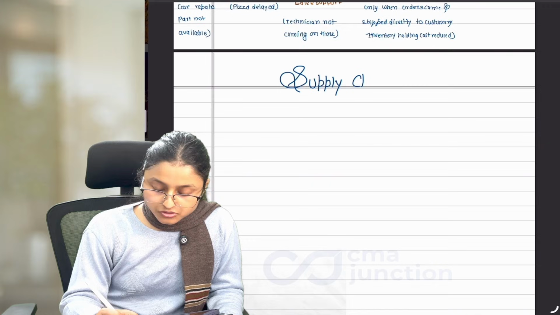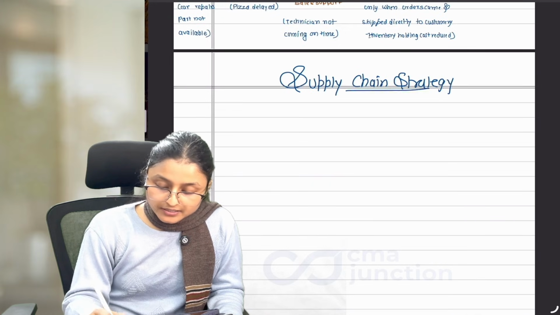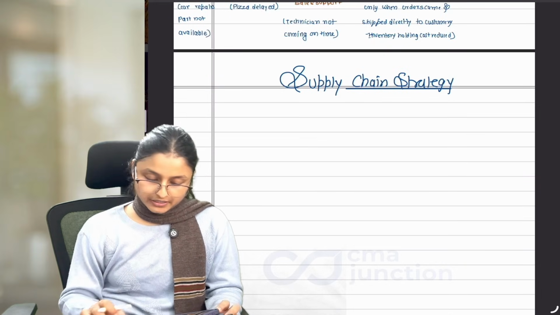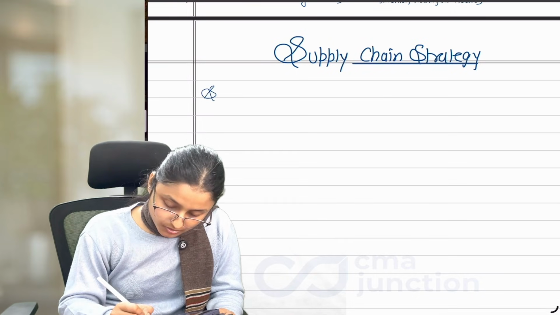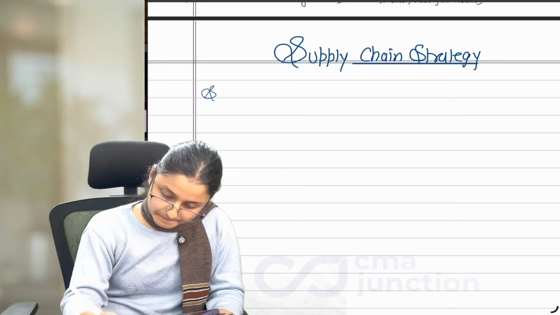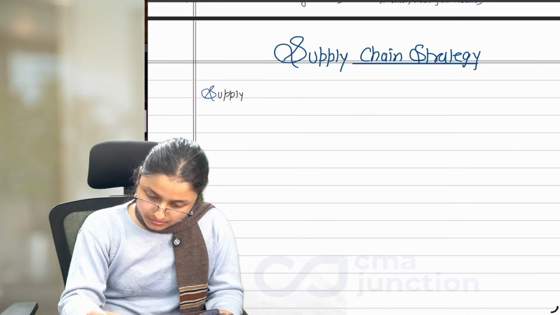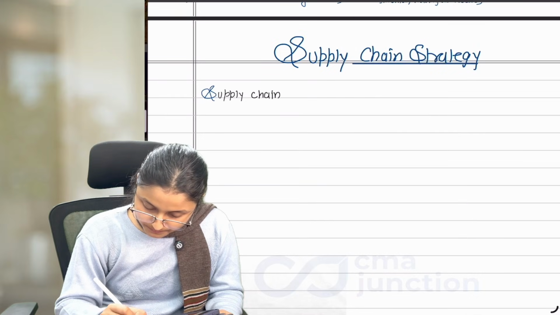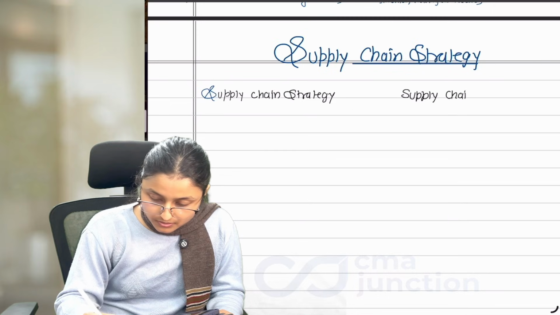The differences between supply chain strategy and management are just for understanding, and that is why we'll write only some points of it, not everything here, as everything else is already included in your book.